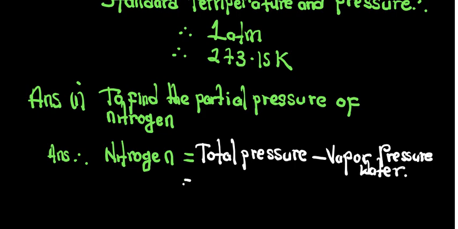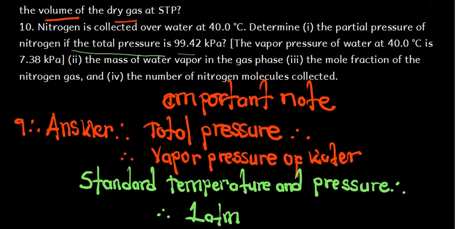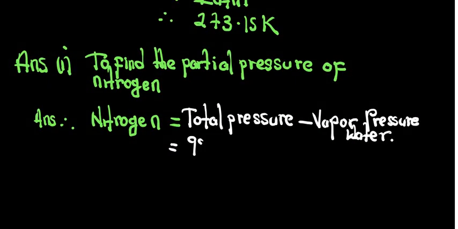So now when you look at the question, we've already been given the total pressure. Nitrogen is collected over water at 40 degrees, and the total pressure is 99.42 kilopascal, minus the vapor pressure of water.